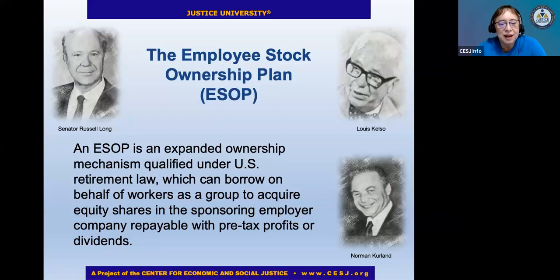And there's a lot in that paragraph there. But in order to qualify as an ESOP, you have to meet certain conditions, and it's also, as I'll point out later, something which a true ESOP does not require workers to put up their own money.